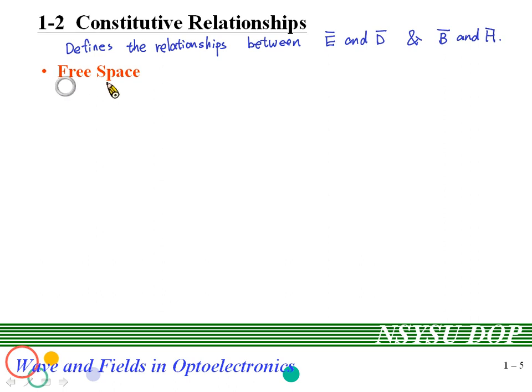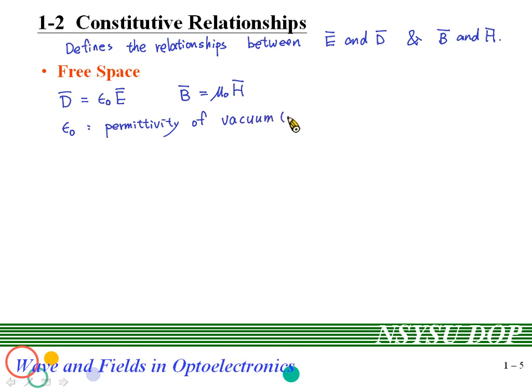We all know that in free space, the displacement field D can be written as D equals epsilon sub 0 E. Besides, the B field can be expressed as B equals mu sub 0 H. Here, epsilon sub 0 means the permittivity of the vacuum, and mu sub 0 is the permeability of vacuum.